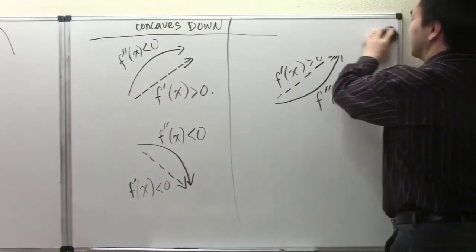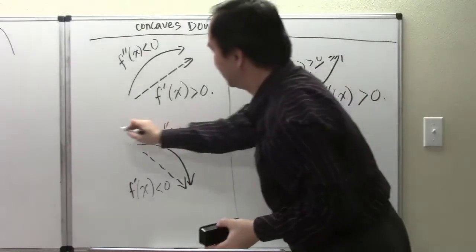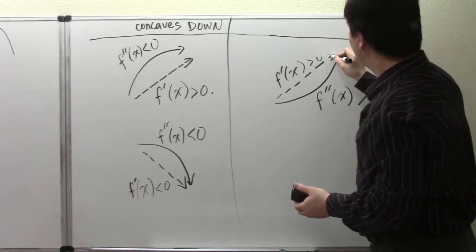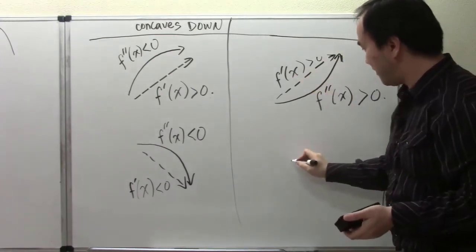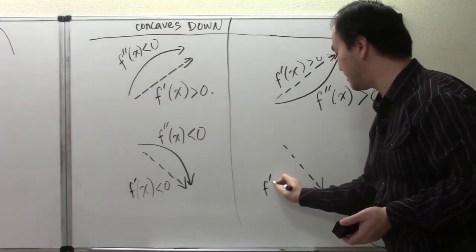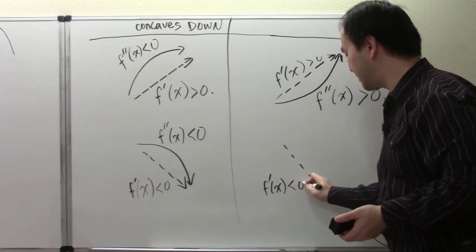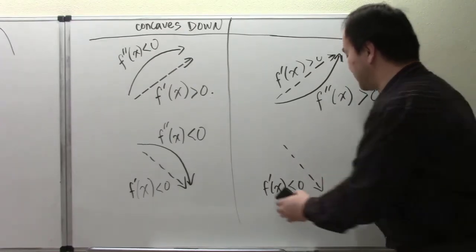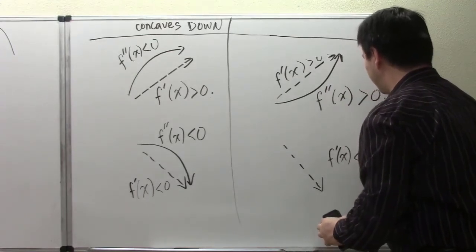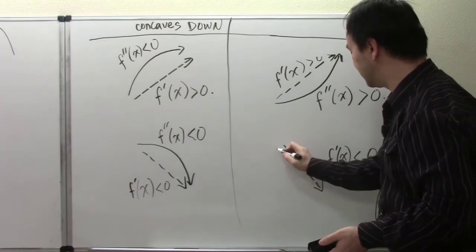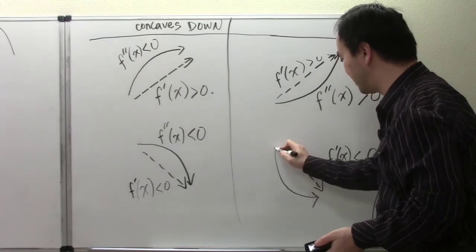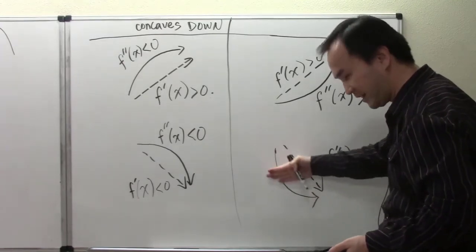And now, just like that, when your function is decreasing, meaning f prime is negative, the function can also decrease in the bent up way. Bending up means it has to be in a fundamental shape like that. It's falling down but bent up.